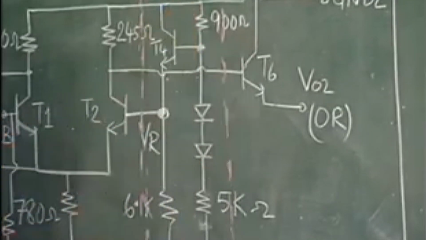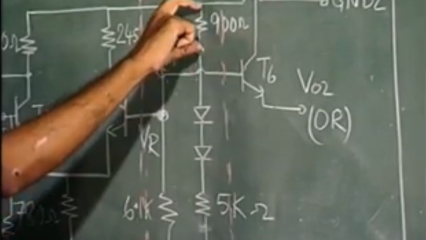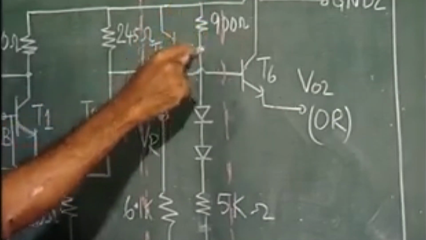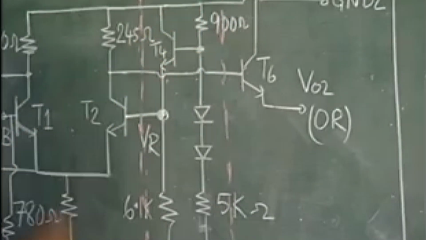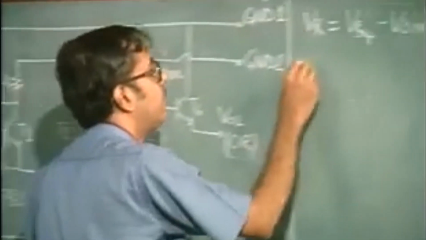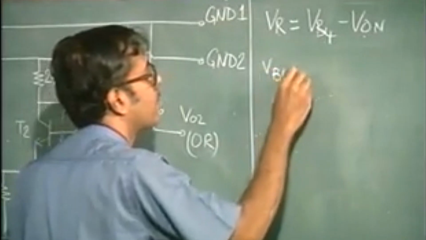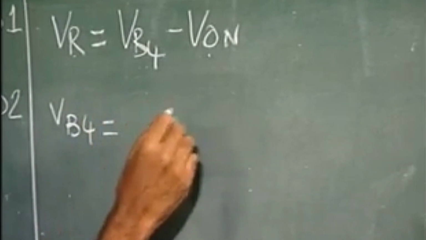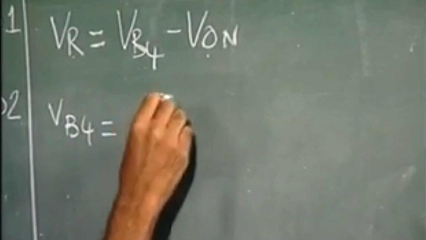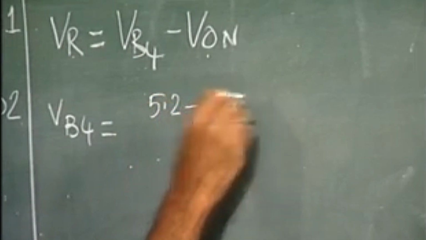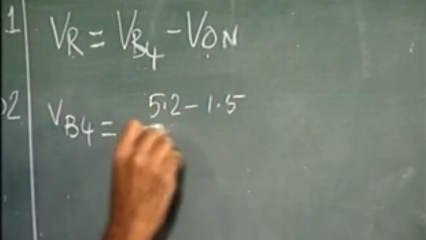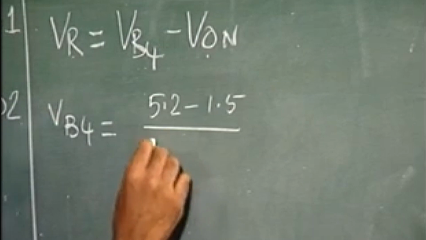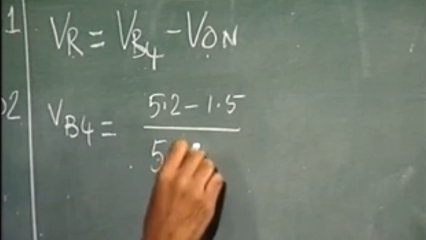So we can find out the current. Once you find out the current, you can find out the drop across this 900 ohms, and this is ground, so minus of that. So VB4 is equal to 5.2 minus 1.5, which is the drop across the two resistances, divided by the sum of the two resistances, 5K plus 0.9K.